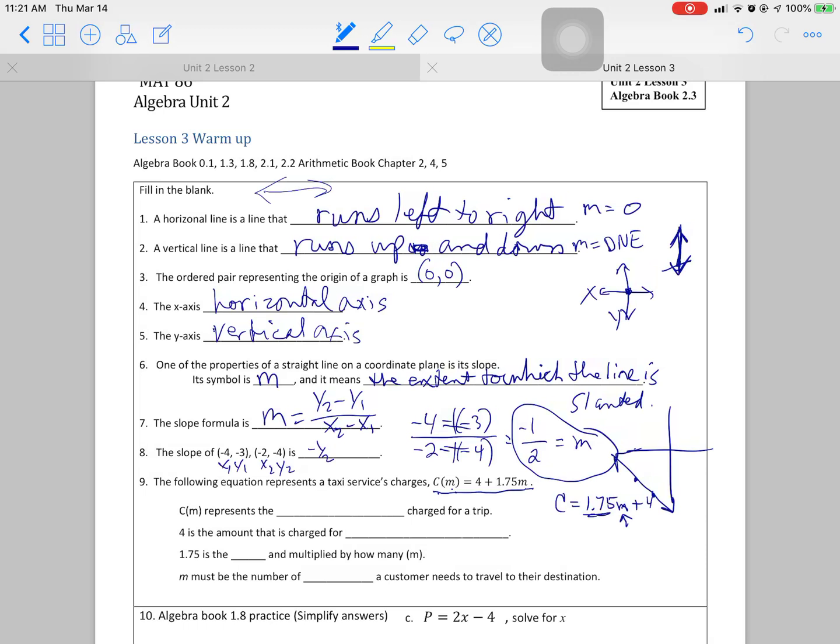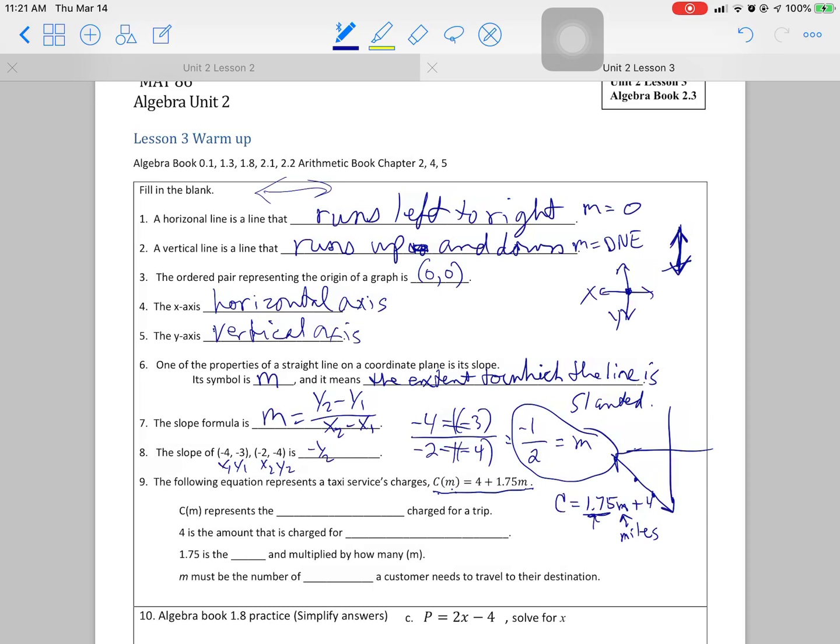And in this case, let's see, what are we talking about? Charges for a trip. How many of something needs to travel to their destination? I'm going to go with miles. Okay, so just because it's an M, you can't think it's a slope in the context of a word problem, okay? Because what is the slope? That's the slope.